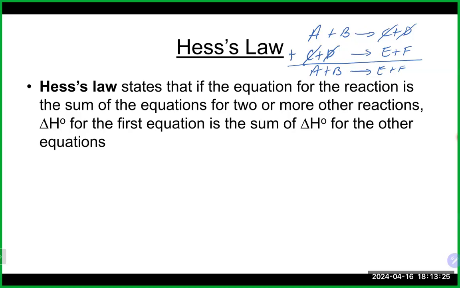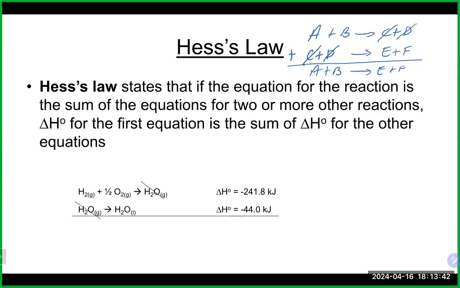And as long as you know the energy of each of those steps, you essentially can figure out the amount of energy overall for that reaction by really just adding reactions together. So when we look at an equation such as this, and we add these two together, we get the overall reaction of H2 plus a half of O2 gives us H2O. And we could get that by adding these two delta H values together.